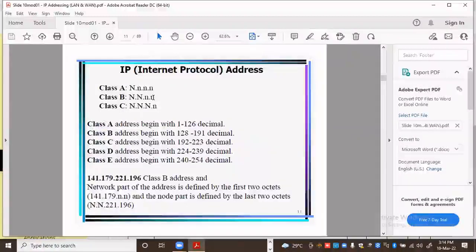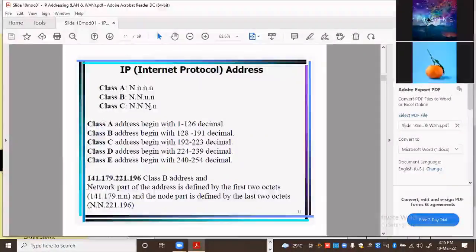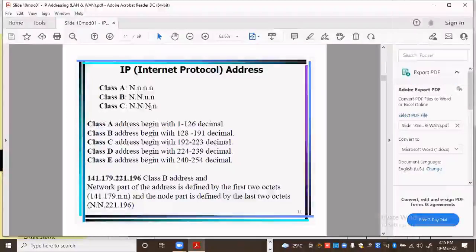And then when it comes to class C, you have 3 octets that are purely the network part of the IP class, and only the last octet happens to be the node part. So you basically have a maximum of 8 bits that you can manipulate when you're within the class C IP address range.